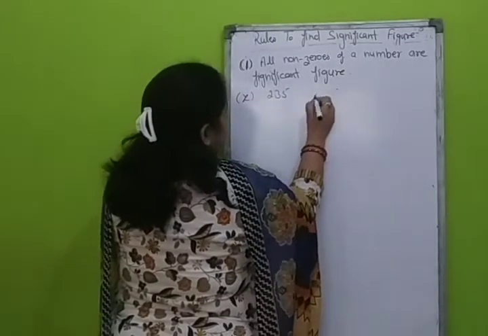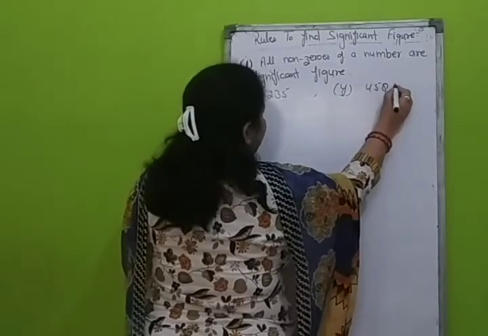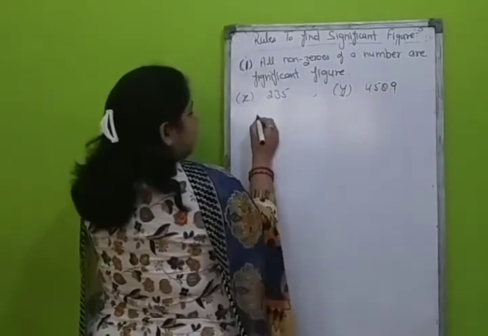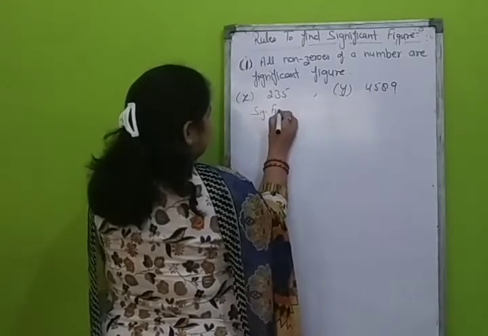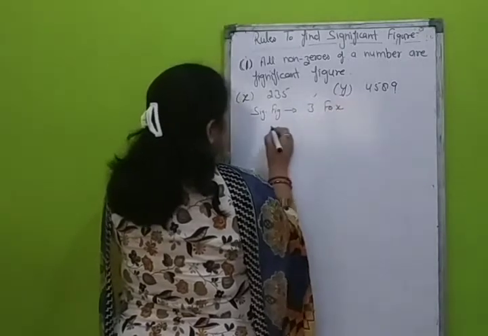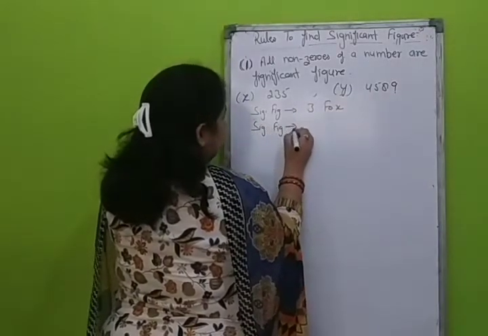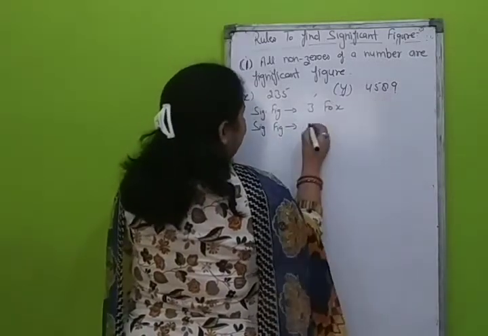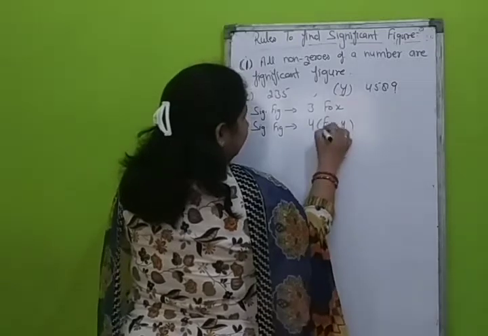235 and another number y 4589. Then the significant figures are 3 for x, and 1, 2, 3, 4 for y.